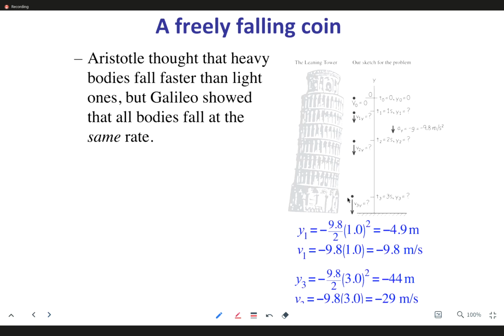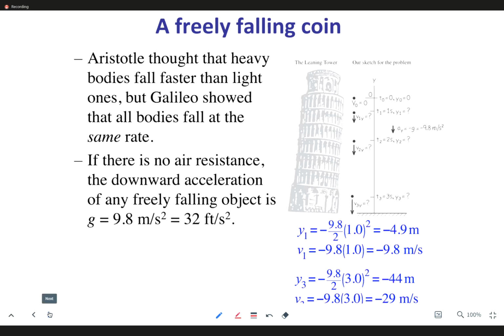If we just drop the coin, we plug in the acceleration due to gravity, divide by 2 from our kinematic equation, and plug in whatever our time is. And we see what the velocity and position of the coin is going to be at each interval of time.